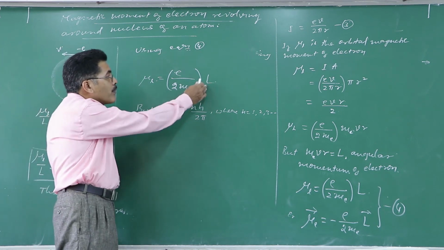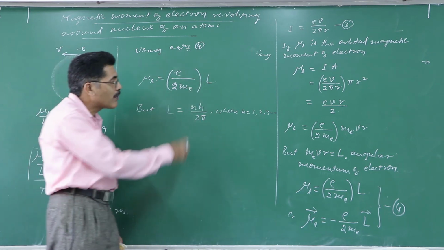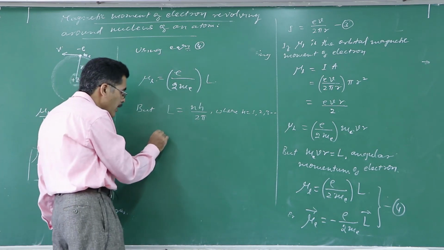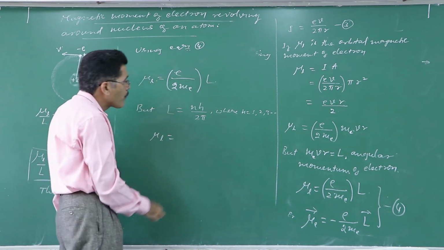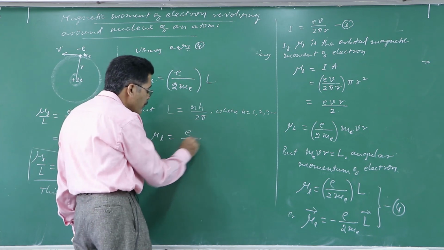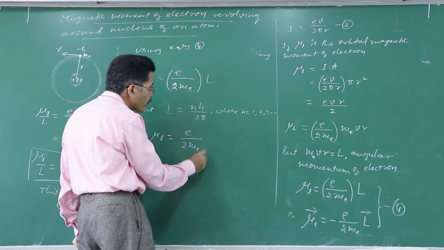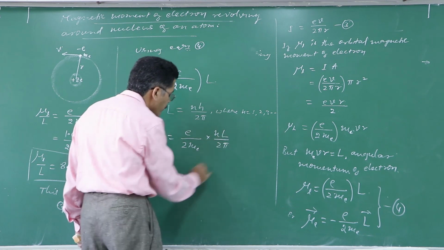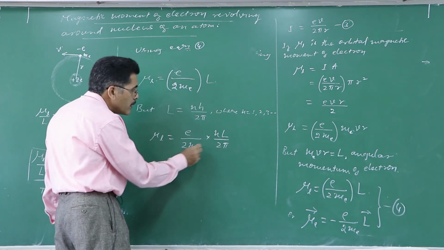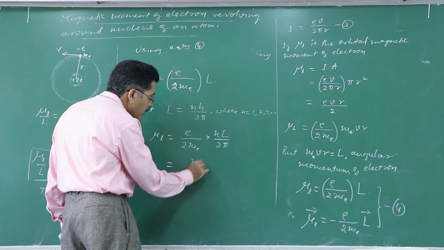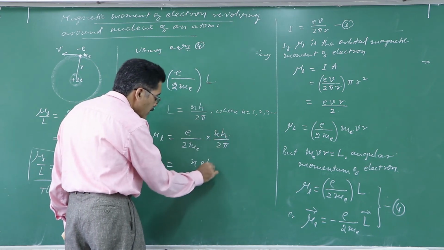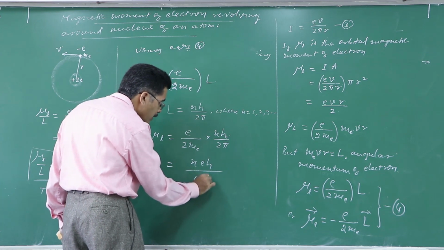Now let us put the value here. What is the least value for n? n is equal to 1. Therefore mu L becomes equal to e by 2me into nh by 2 pi. This comes out to be n into e into h divided by 4 pi me.